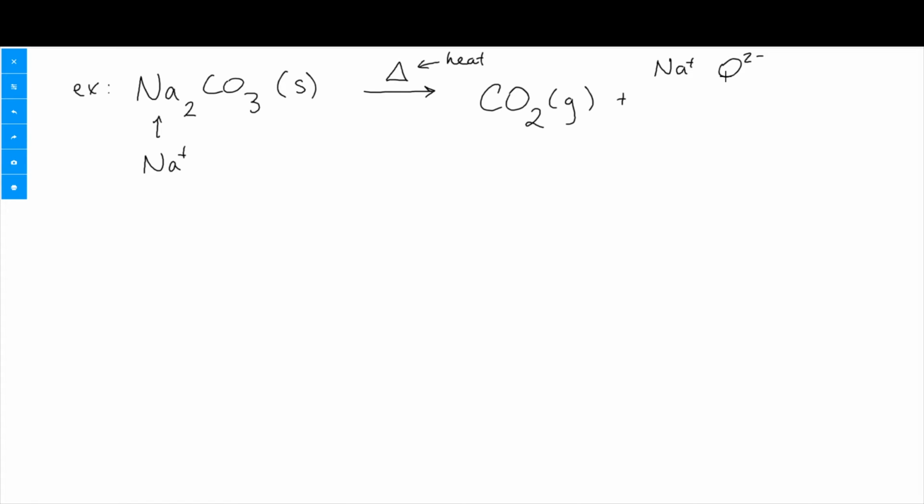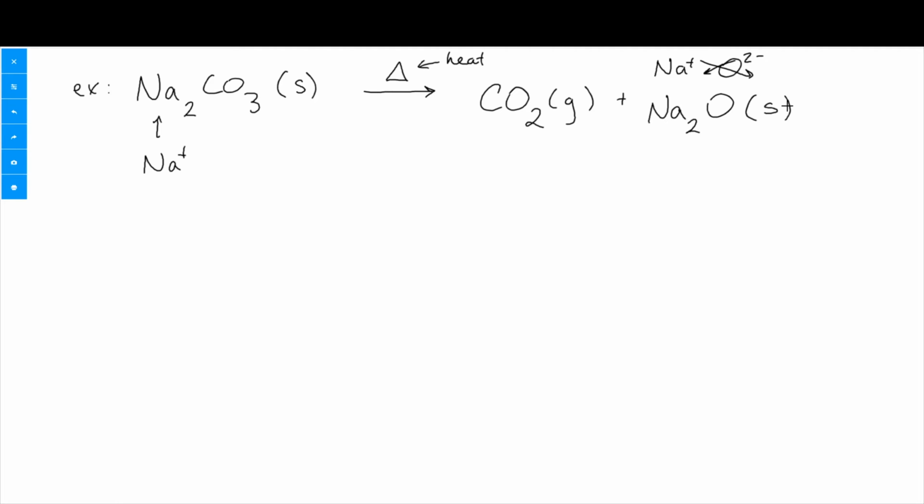To balance those charges out, you can cross the charges. That means there are two sodiums and one oxygen, Na2O. So heating up sodium carbonate will result in carbon dioxide and sodium oxide.